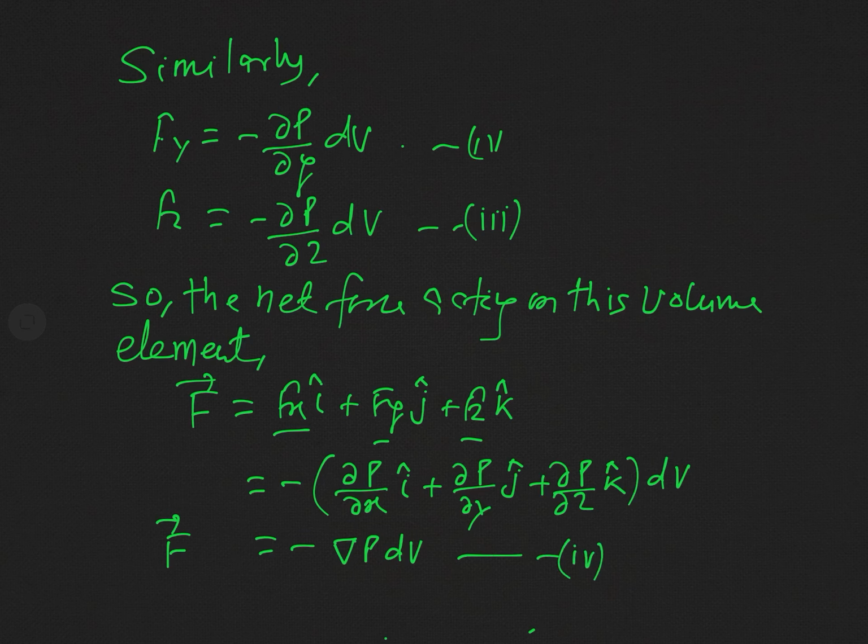Now, if we want to find the acceleration term, that is dv by dt, actually dv by dt comes into our momentum equation. So we can now find the value of dv by dt.